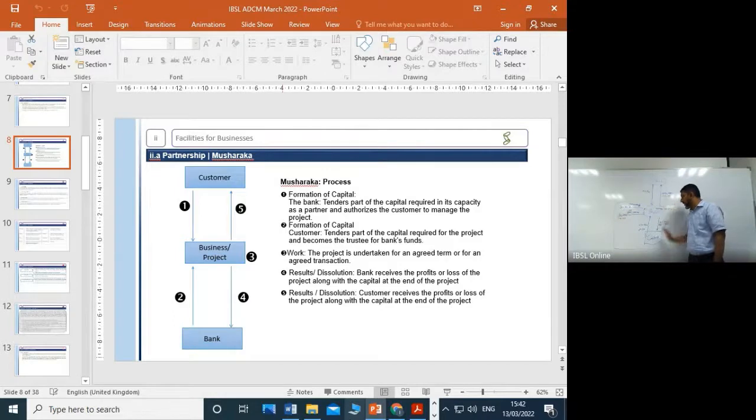Because it is not directly connected, the returns won't change based on the real sector activity. But here is another question: instead of 200, he sells at 190. What happens then? He incurs a loss. The loss also will get passed on to the Islamic bank.